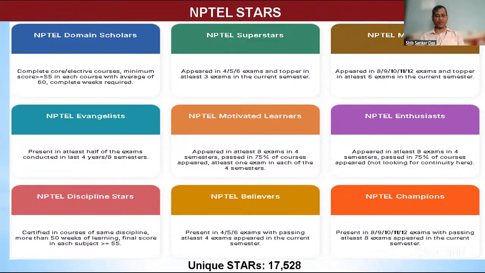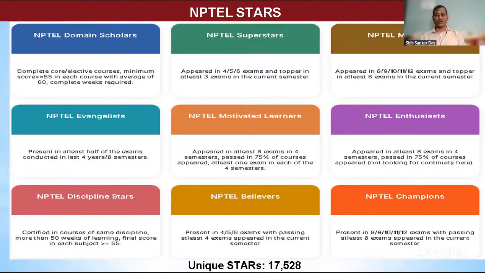Disciplines are those people who have taken more than 50 weeks of NPTEL learning from a particular discipline. That means EE, ME, that is mechanical, civil, and all related to that particular course code. They have completed 50 weeks of learning, they get discipline star.